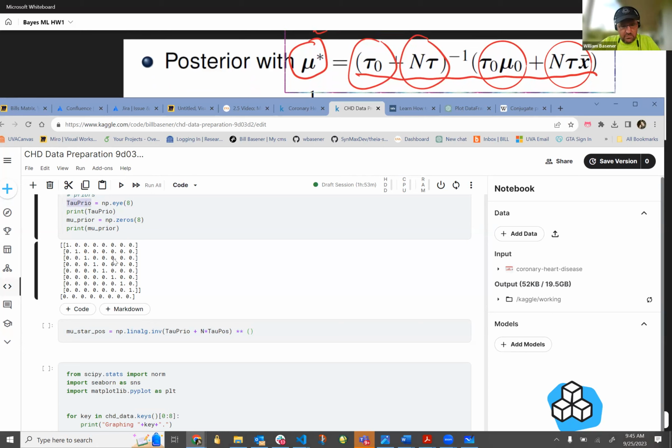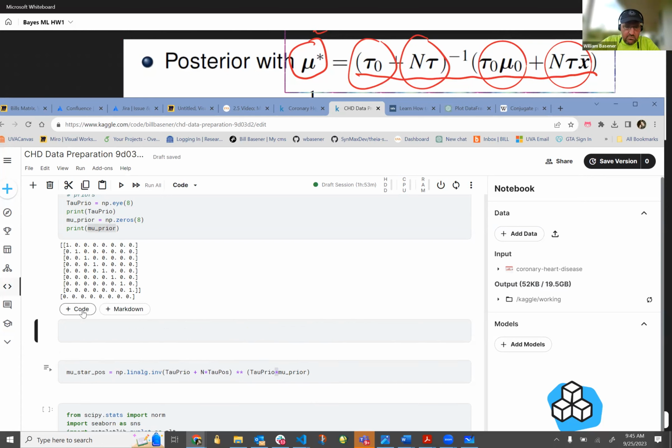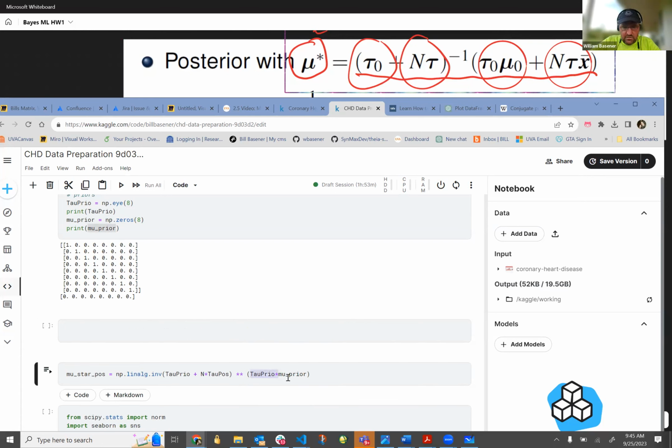So tau prior is this, and then times mu naught, which is mu prior. Right, so this is going to be a matrix times a vector, so this has to be a matrix multiplication. Let's test how to do that matrix multiplication.